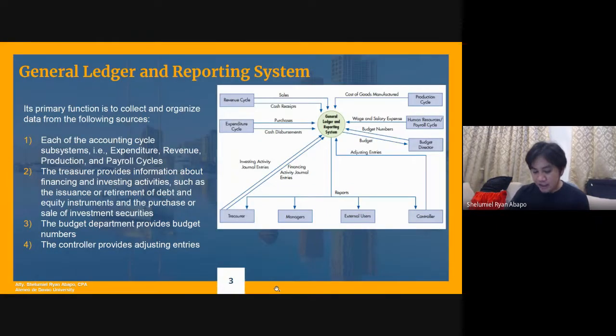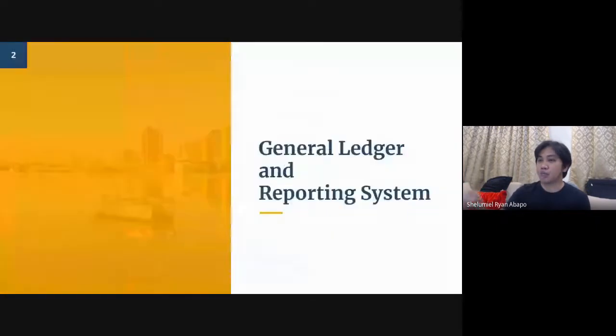Okay, so this particular chapter, general ledger and reporting system, will discuss the processing operations that are involved in the general ledger and preparing reports that summarize the results of an organization's activities.